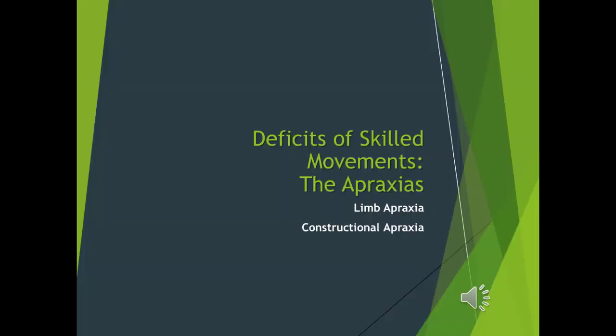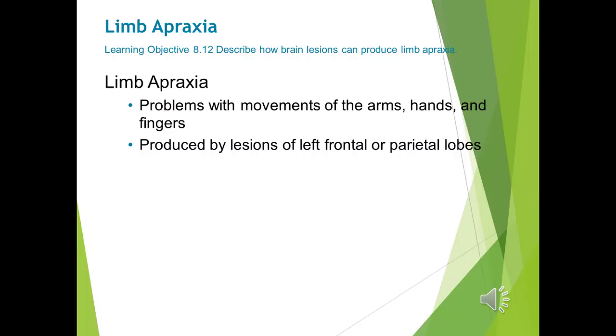As with many aspects of brain and behavioral function, we have a lot to learn from deficits or syndromes involving impaired function, in this case, deficits of skilled movement, the apraxias. In short, apraxias are difficulties in voluntary movement.